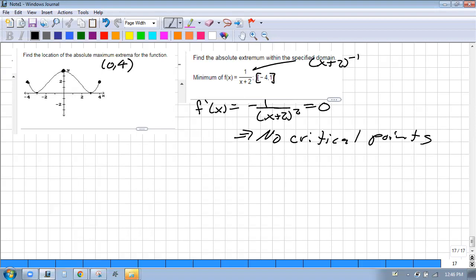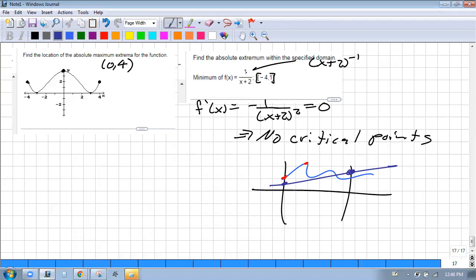But the extreme value theorem says that on a closed interval, there's always a minimum and a maximum. So if I'm looking between here and here, no matter what this thing looks like, there's got to be a max and a min. In this case, they're there and there. Even if I had just a straight line, there's no critical points, but the max and the min occur at the endpoints.